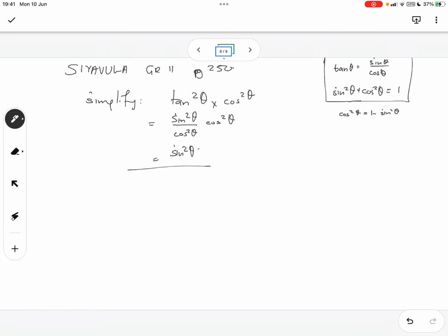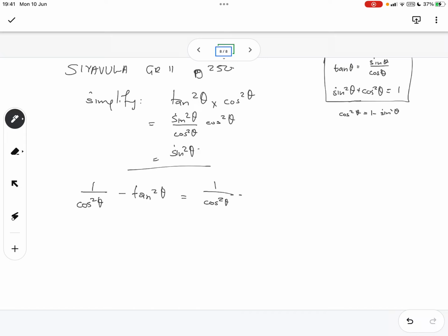Because this gives us sine squared. Yeah, then right there, that's the end.